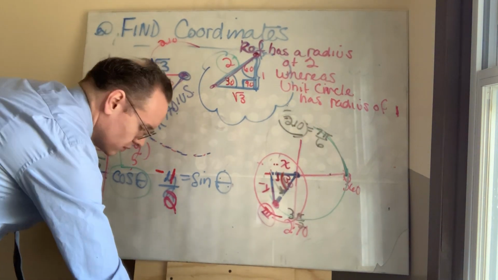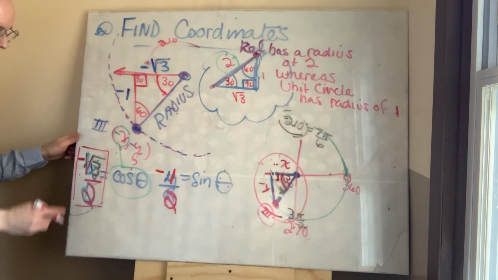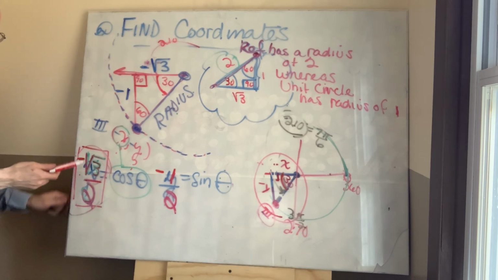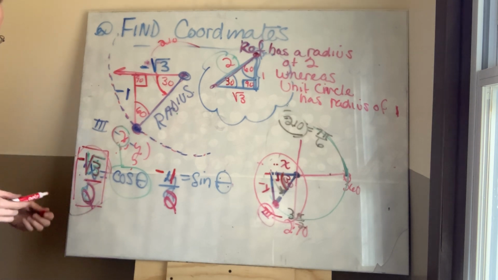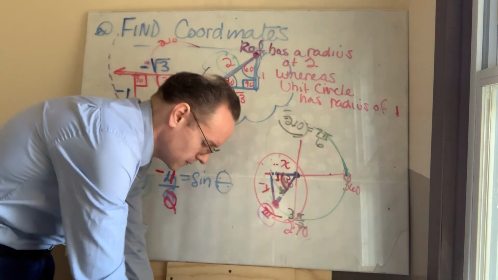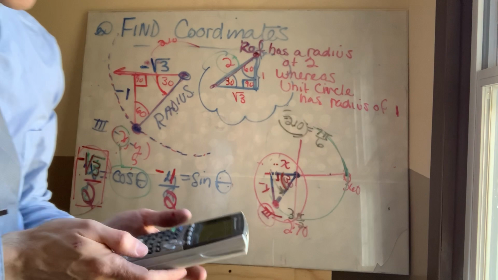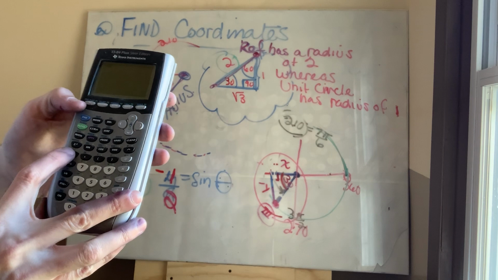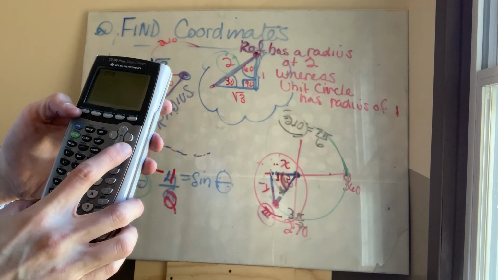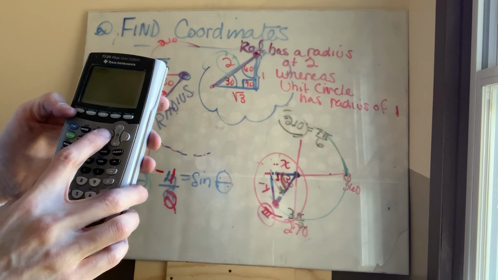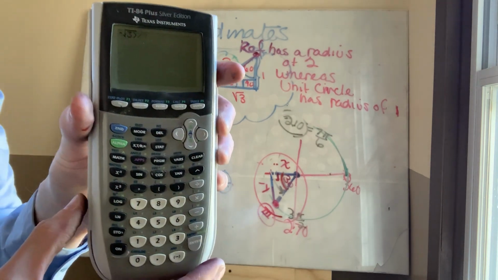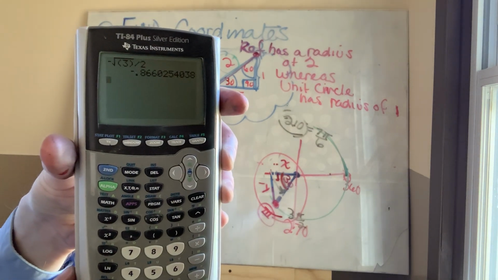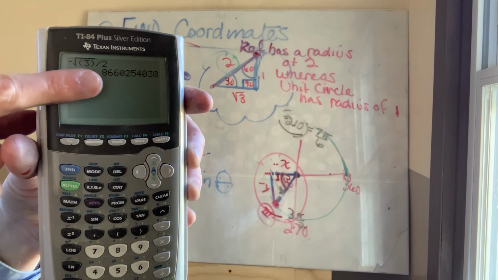Now, just to prove a point, if I took this, you'll see that the number produced by this will be, in terms of its magnitude, something smaller than 1.0. It's going to be negative because of the location of it, but if you had the square root of 3 divided by 2, okay, see that you get negative 0.866 again.